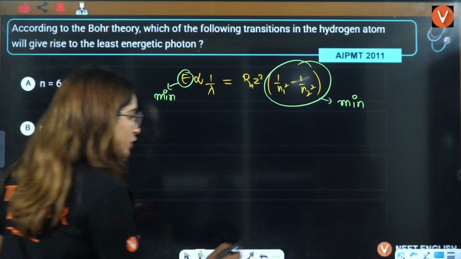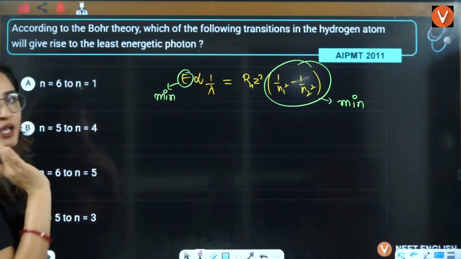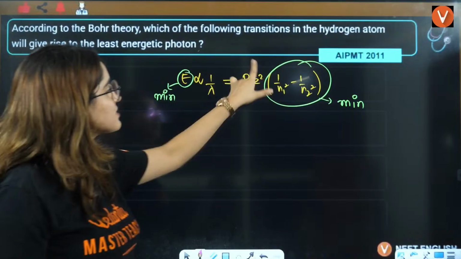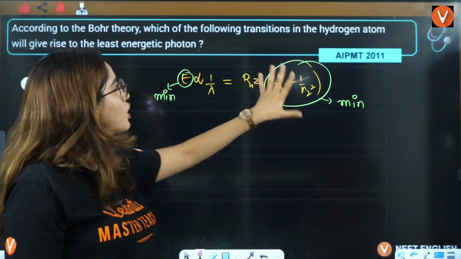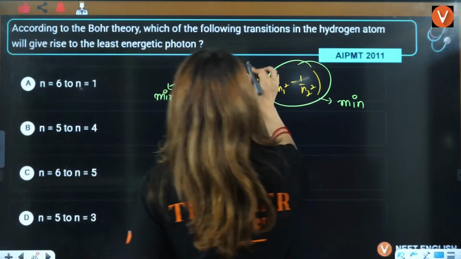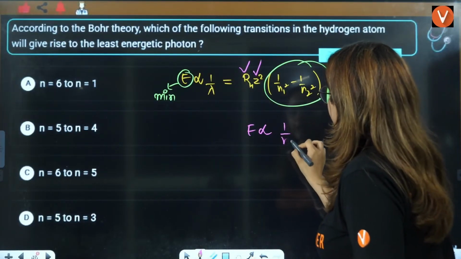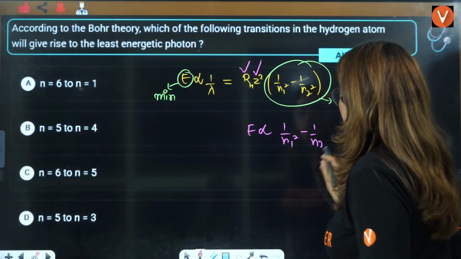This I got from energy being inversely proportional to lambda, and lambda is nothing but this thing, right? Z is fixed, RH is already fixed. So we can say energy is directly proportional to 1 by N1 square minus 1 by N2 square.